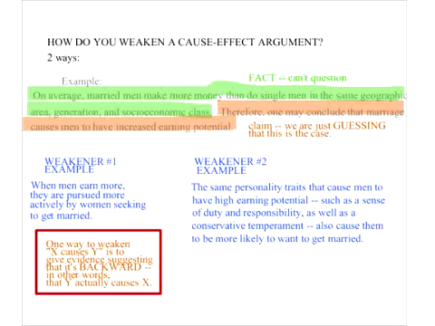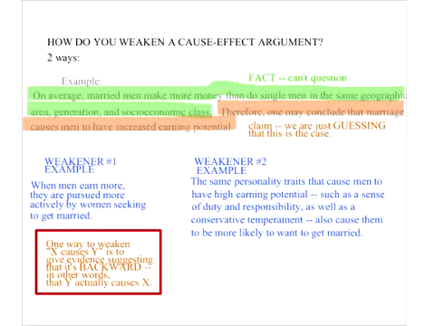So, you guys, there's a lot of words here, but basically this is saying that if you have steady, stable, responsible type people, then those people are more likely to be good at making money, and they are more likely to get married.